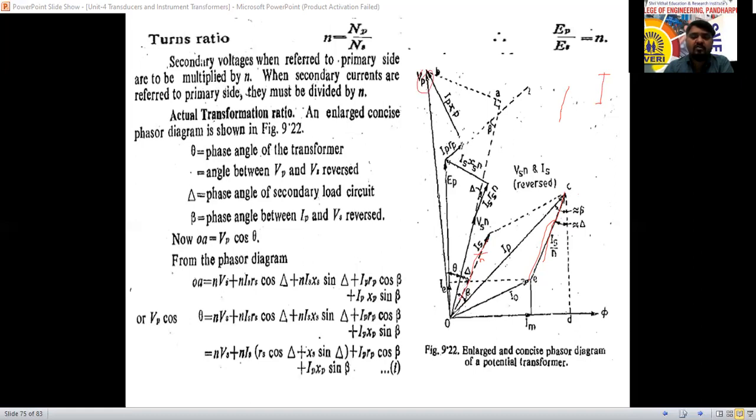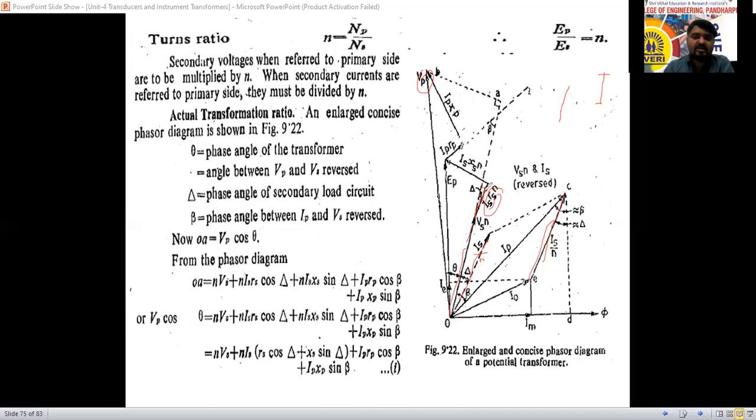Only what we have changed is Vs, where we have considered Vs into N here. So instead of taking a straight line, we have made one triangle here. See here, IS RS into N, and this one is the secondary resistance.